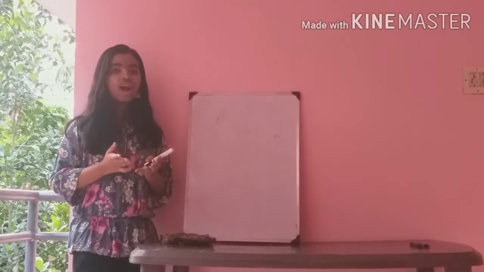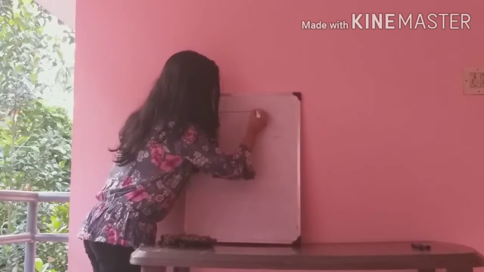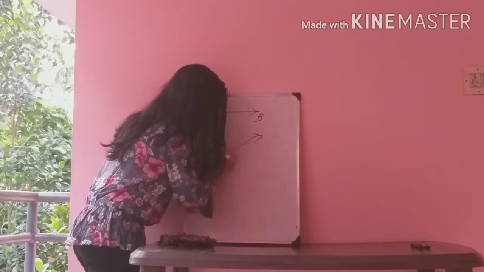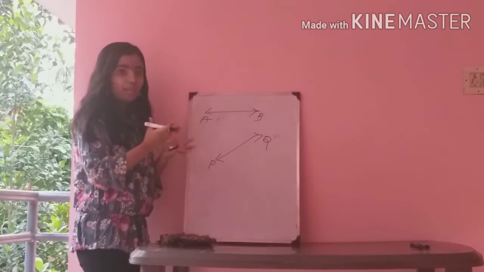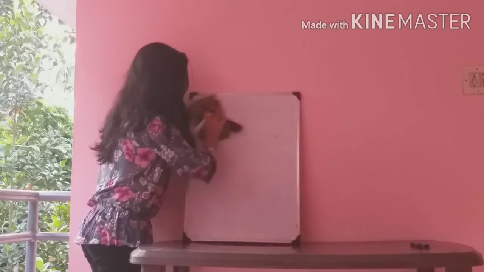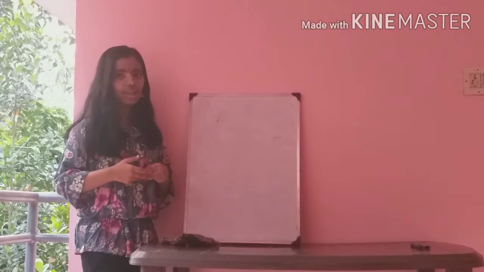Lines which lie on the same plane are said to be coplanar. For example, this is line AB and this is line PQ. Both of them lie on the same plane of this board. Next is parallel lines. Coplanar lines which do not meet are called parallel lines.